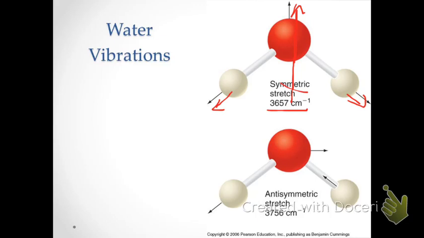Then we also have what's called an antisymmetric stretch, and you can see in this case where one OH bond is stretching, the other OH bond at the same time is contracting. That's why it's called an antisymmetric stretch. This too will result in a change in the dipole moment, so this too will appear in the infrared spectrum.